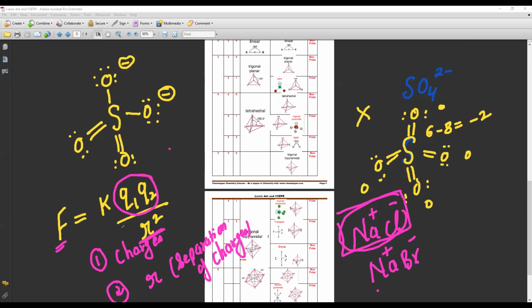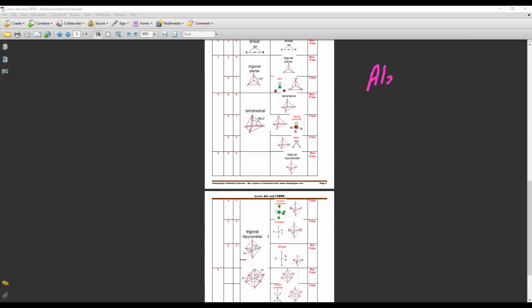So in this question, you have one element that's the same, Na, in both of them. What if you had a question with totally different elements? Like for example, Al2O3 and Na2S. First of all, they will not give you very confusing examples, because all the data is not there with us.